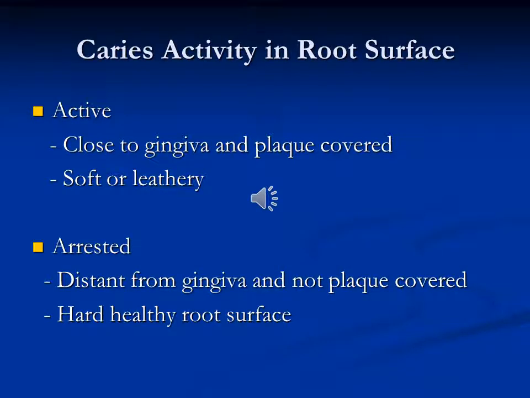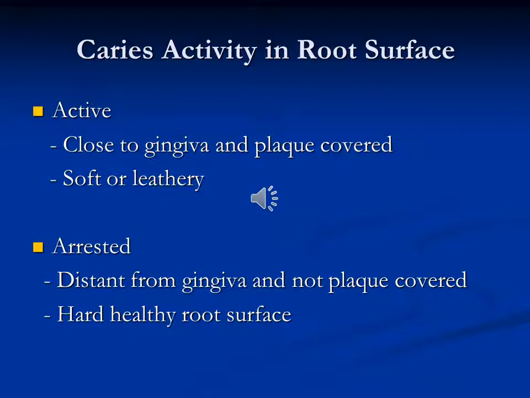Caries activity in root surface. As with any other carious lesion, the caries activity in root surface can be subdivided into active or arrested. We talked about this classification when we talked about classification of caries in a previous lecture.